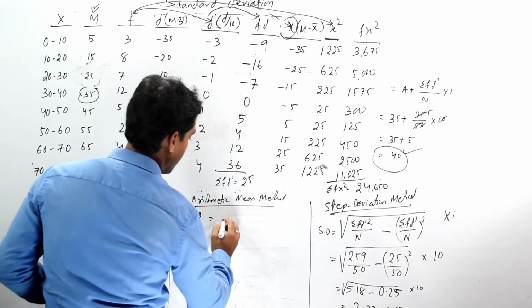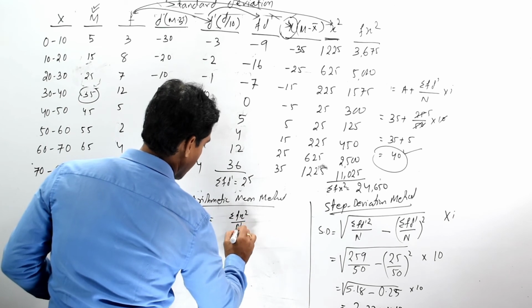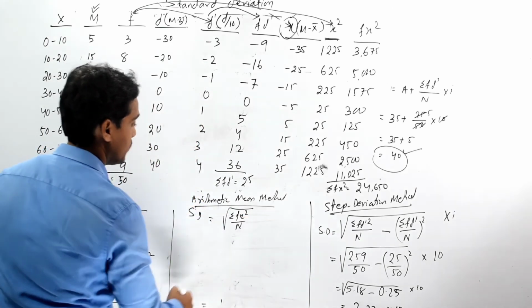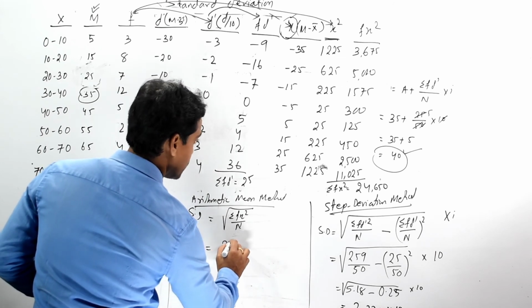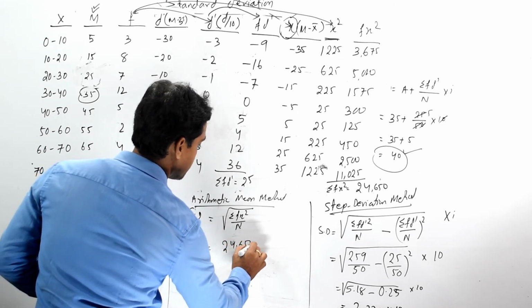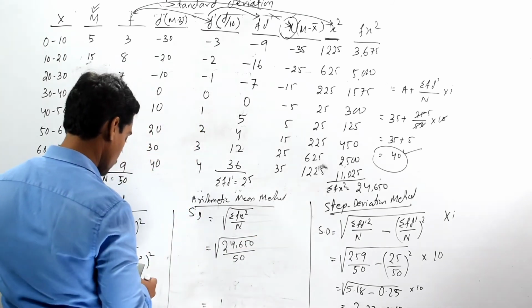equals the square root of summation fx square by n. So now putting the values, that is the square root of 24,650 divided by 50.